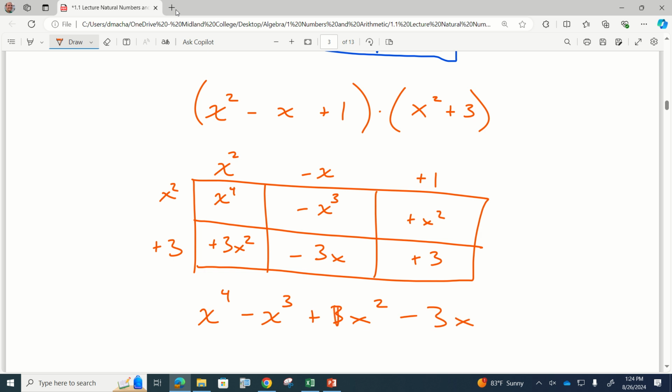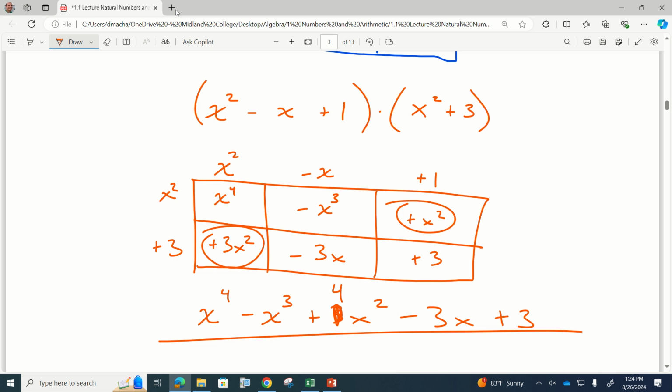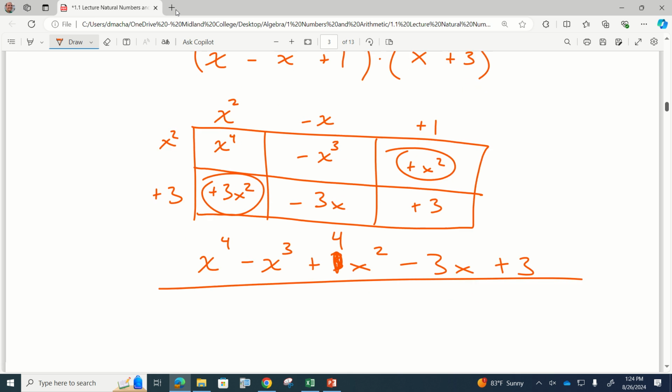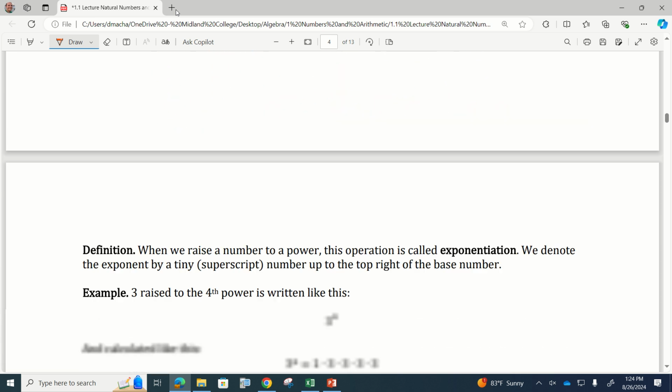Plus an x squared, so that should really be 4. After that, plus that, and then plus 3. But the same method that you use for multiplying numbers also applies to other things. In fact, lots of things in algebra. We'll want to use this moving forward to keep our work straight, nice and organized.